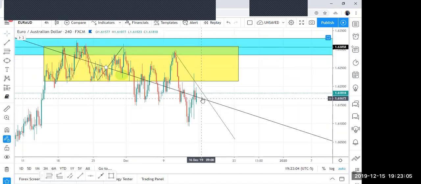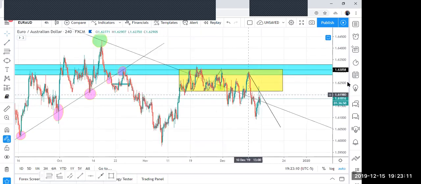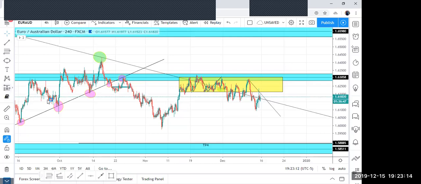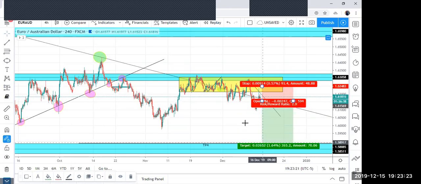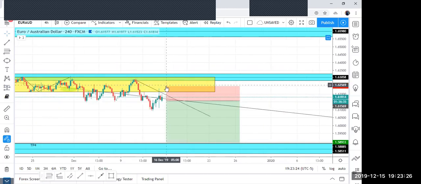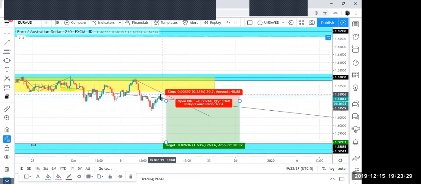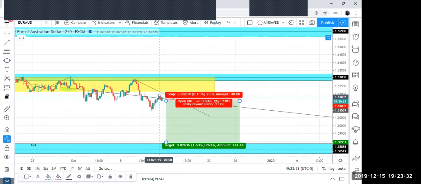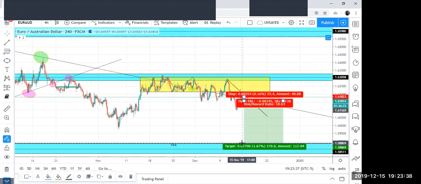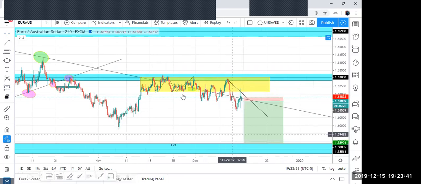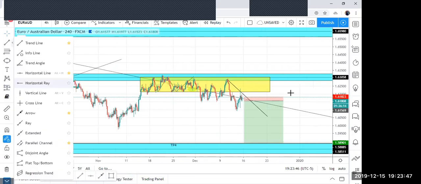It's still around this trend line here. I would love to see where this candle closes in the next hour and a half. If it closes below, I'll be looking to sell this, all the way down to the zone. 25 pip stop loss for a 260 pip reward.